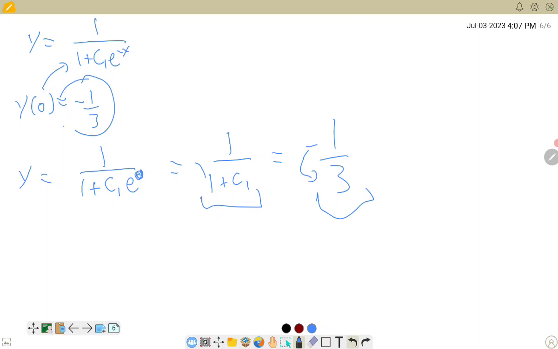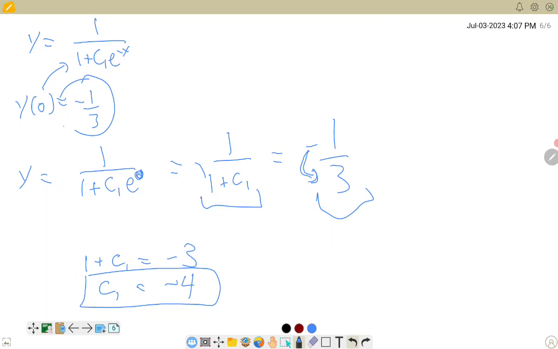So either we could cross multiply and then we would end up with a similar equation, or do this. So this means 1 plus c1 had better be equal to negative 3, because remember I had to migrate this negative sign down here, which means c1 must be equal to negative 4.